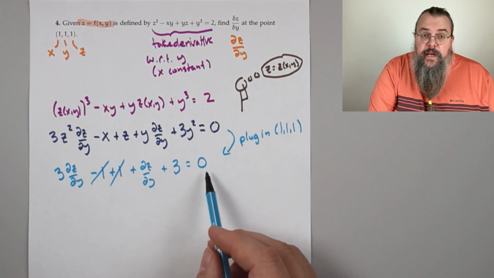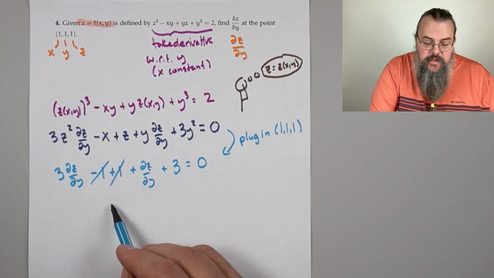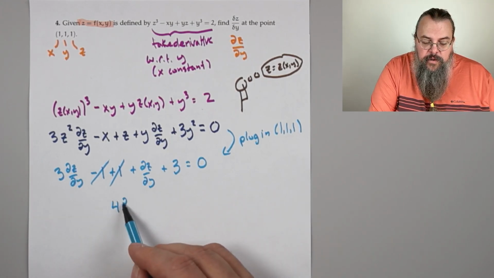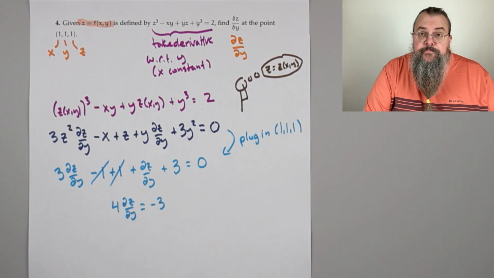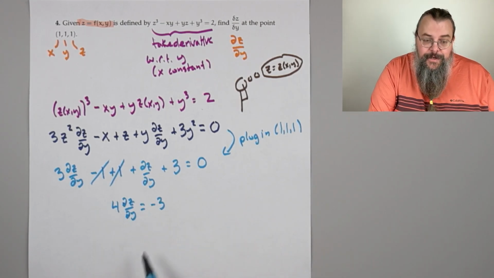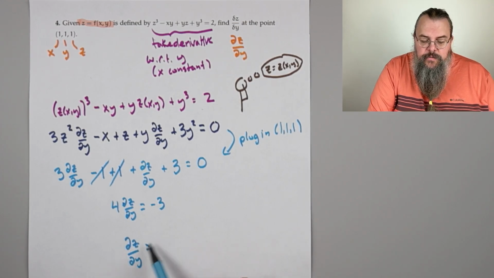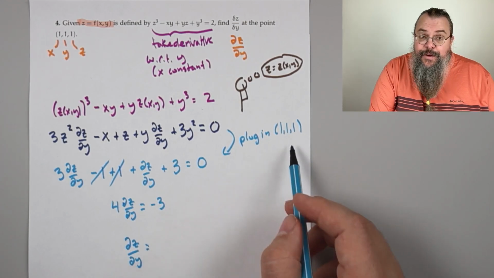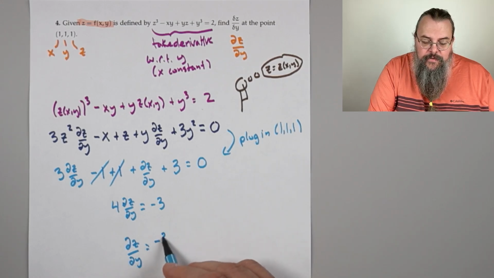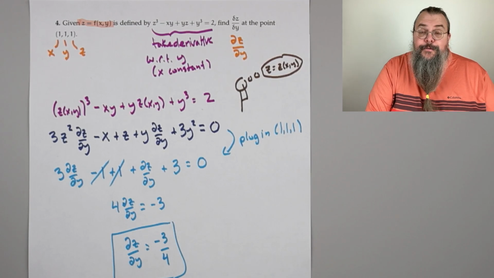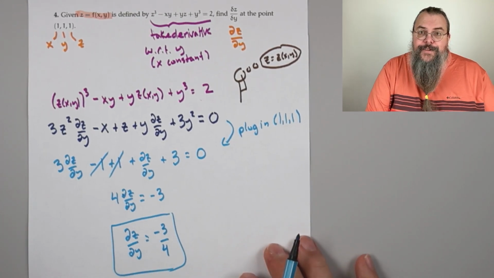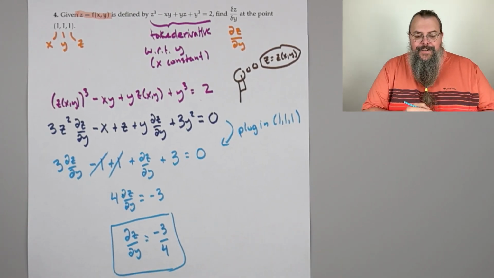We can move that 3 across and put those two together. So 4 partial z partial y is negative 3. Divide by 4, partial z partial y, which is derivative of z with respect to y at the point 1, 1, 1, is negative 3 over 4, and we're done. That's the answer. Good, good.